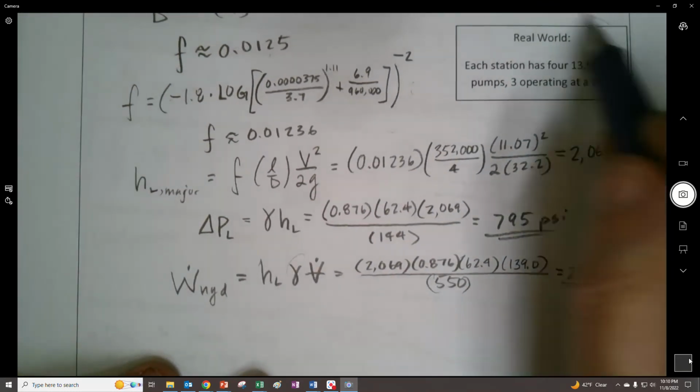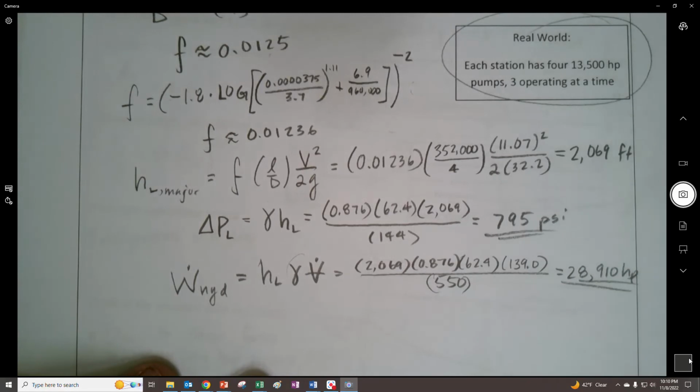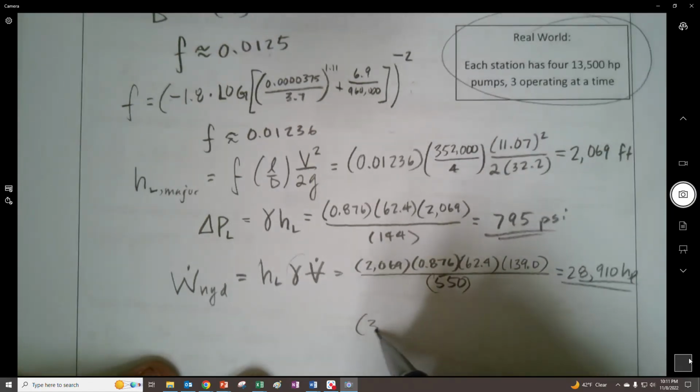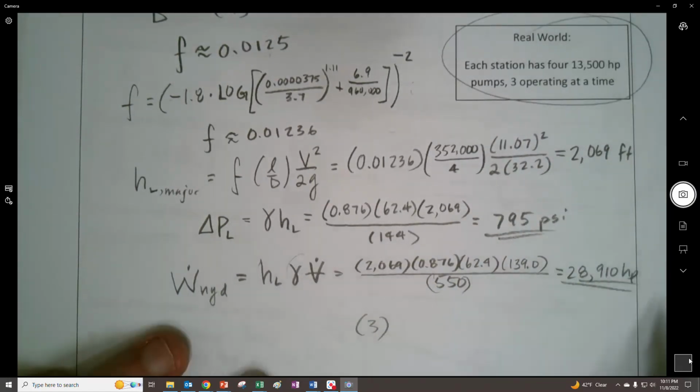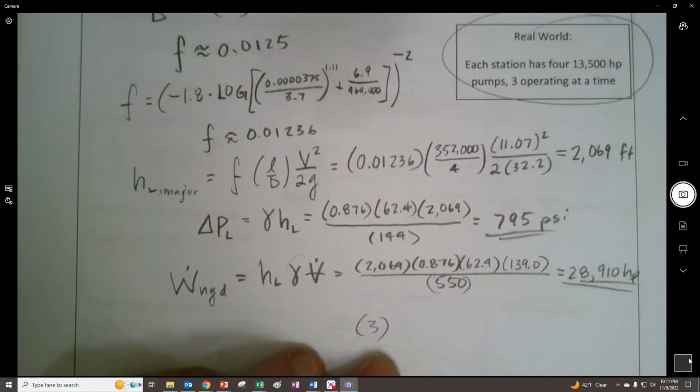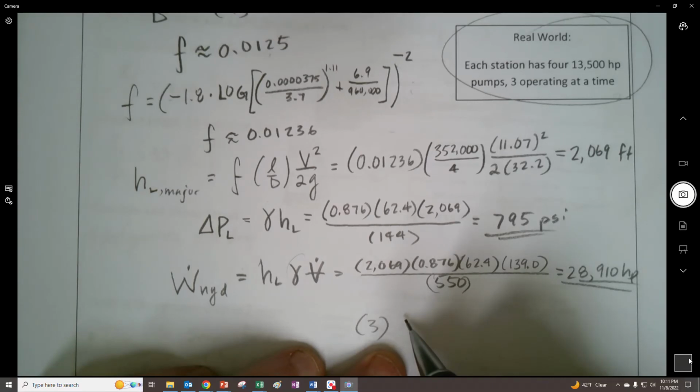But compare that to the real world and say, is that a reasonable amount, right? That's a great question. Well, let's just say you take 3 pumps, and by the way, this is hydraulic power. This doesn't account for the inefficiency of the pump or the inefficiency of the motor. And by the way, it's not going to be an electric motor. It's going to be a big diesel engine, probably, and there's going to be a group of these at every pumping station.